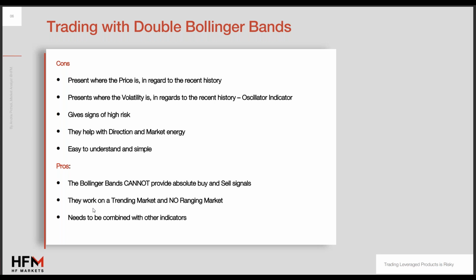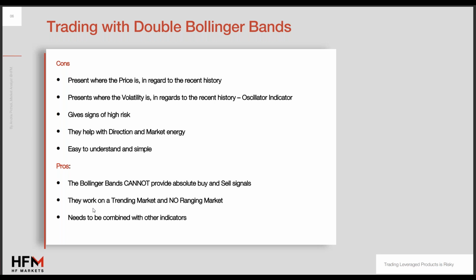It presents where the price is in regards to the recent history. It gives you signs of high risk, right? It helps you obviously to identify the direction of the trend and also the momentum and the market energy of the trend. And it's quite simple and easy to understand, I believe.